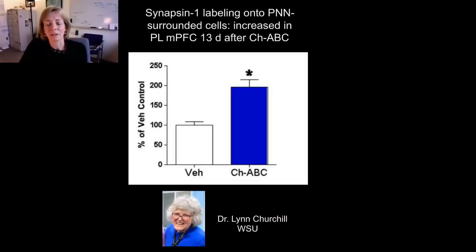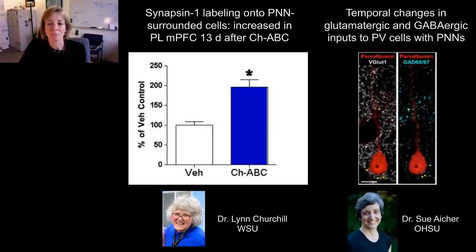One of the things that we're interested in is looking at this new synapse formation in particular. We have some early studies that just show synapsin 1 labeling, so just to look at general synaptic inputs. We don't know if these are true synapses, but synapsin 1 labeling increases in animals after CHABC treatment, and this was about 2 weeks after CHABC treatment.